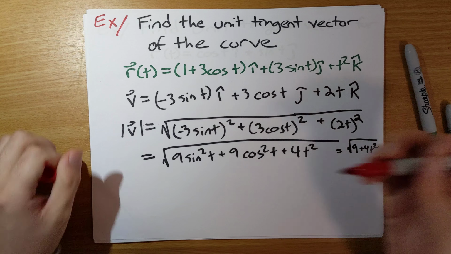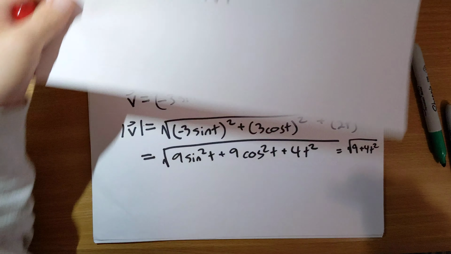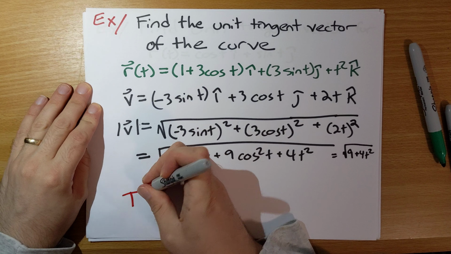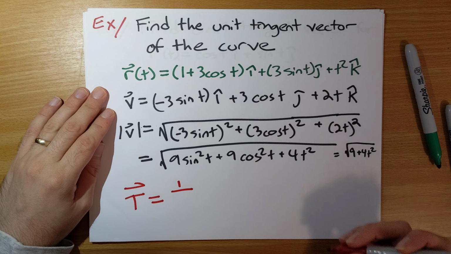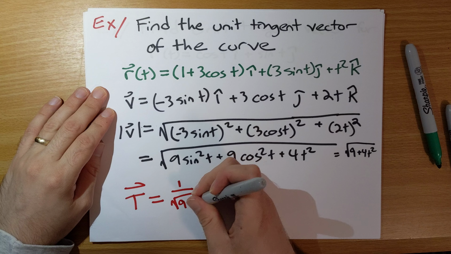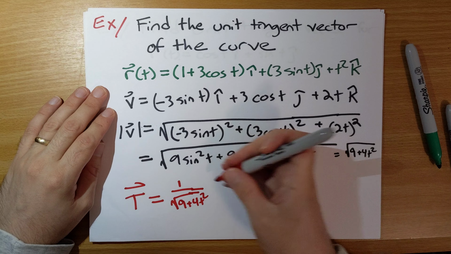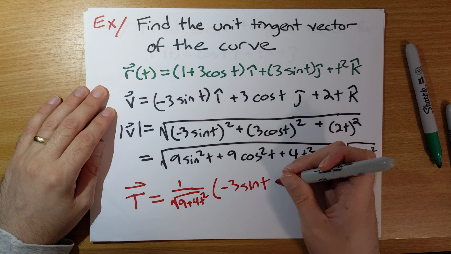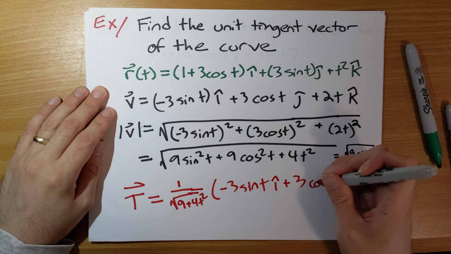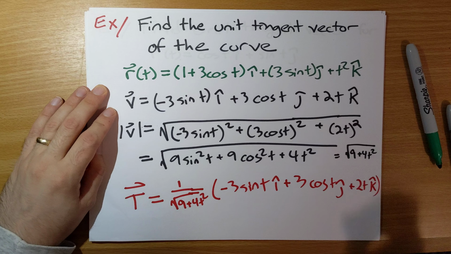So we are ready to say what our unit tangent vector T is. T is equal to 1 over the magnitude, square root of 9 plus 4t squared, times v itself. So negative 3 sine t i hat plus 3 cosine t j hat plus 2t k hat.